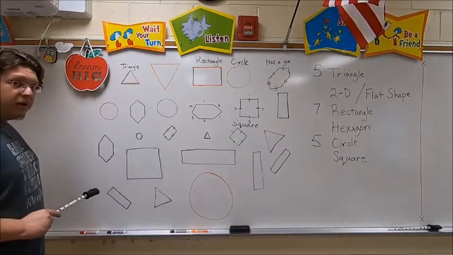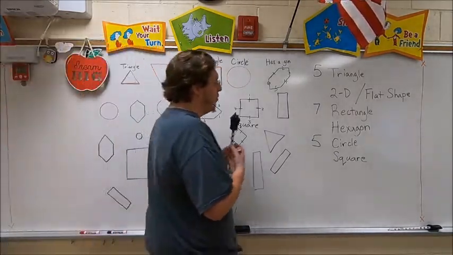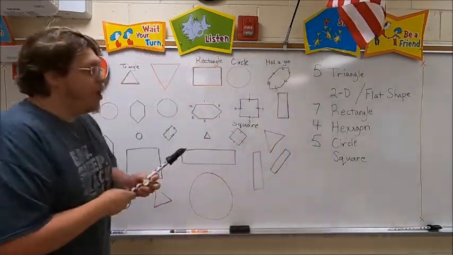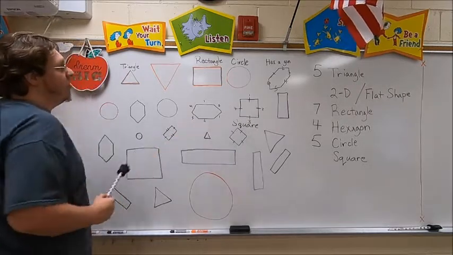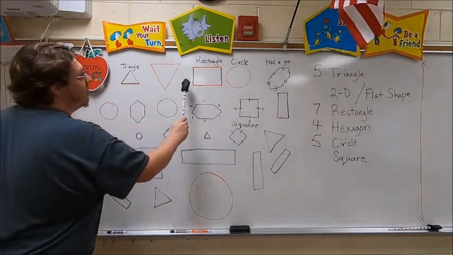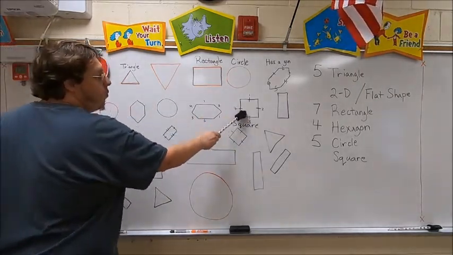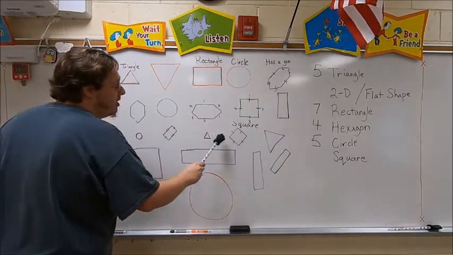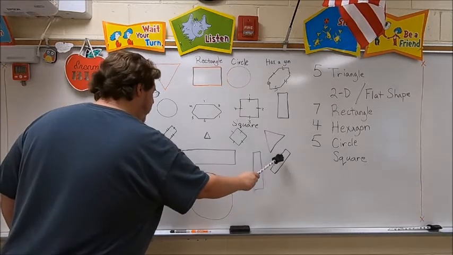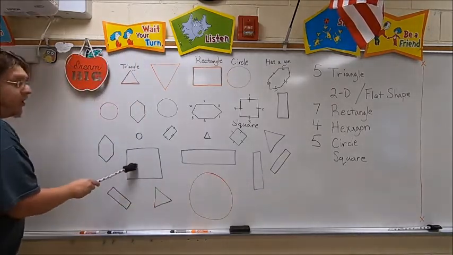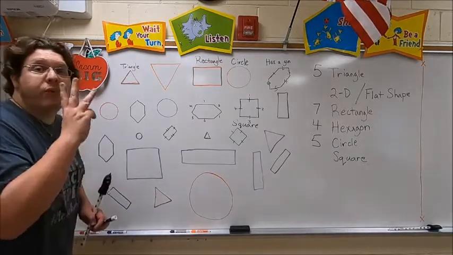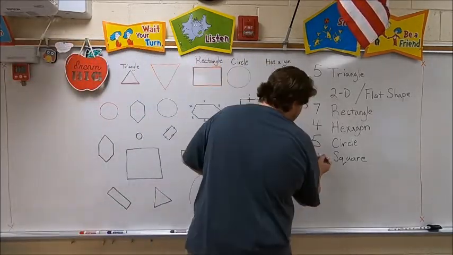Are there any more? That's right, there's only 4 hexagons. And how many squares are there? Let's go. 1, 2, 3. There are 3 squares.